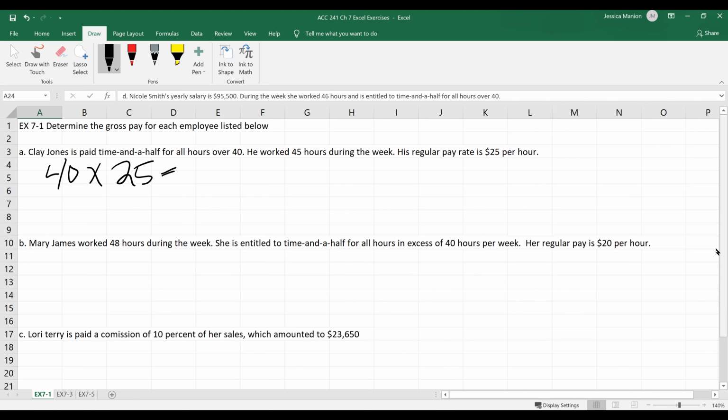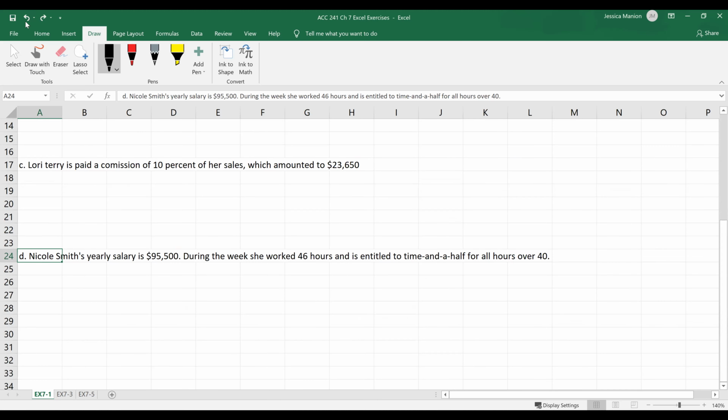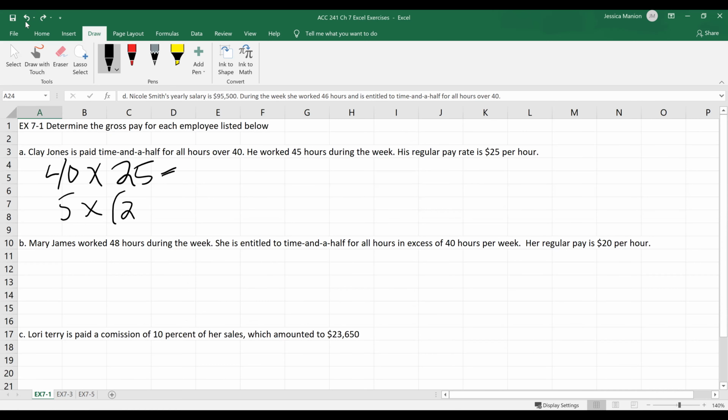And then he gets 5 times 25 times 1.5, which is 37.50, right? And we could plug the numbers into Excel too, but we can do it this way.